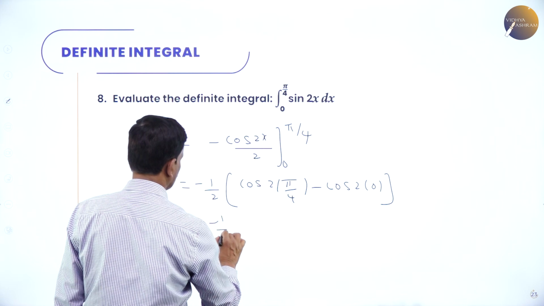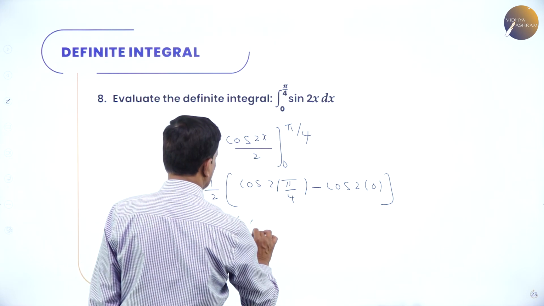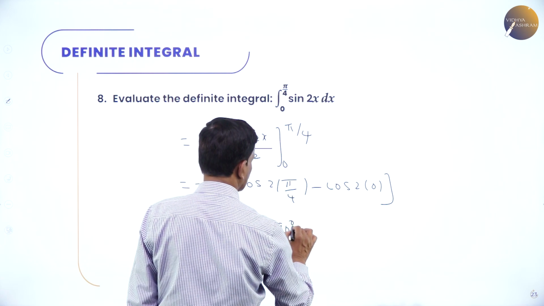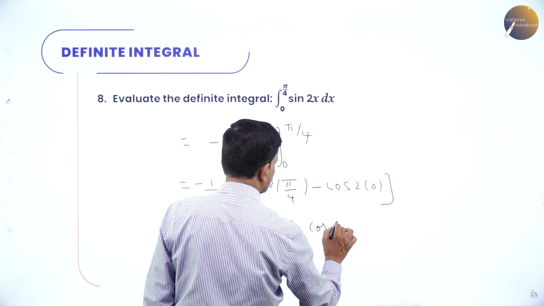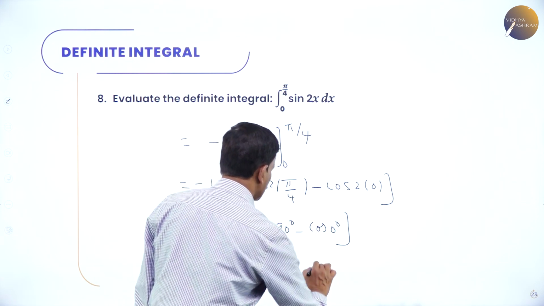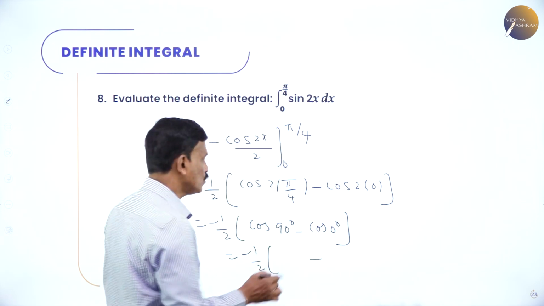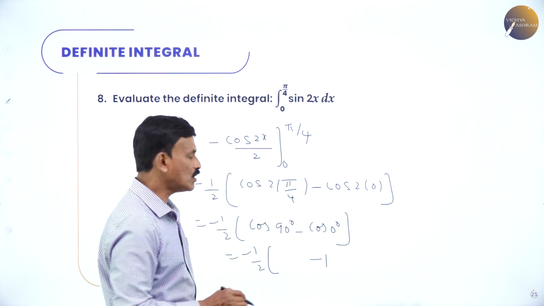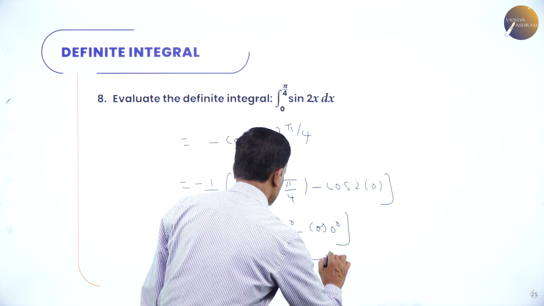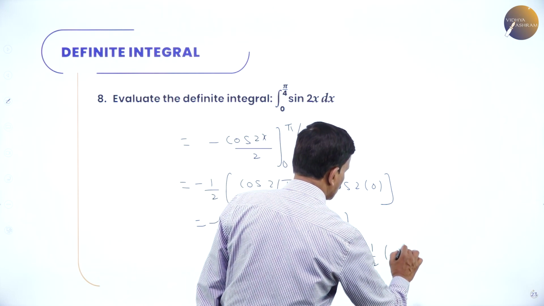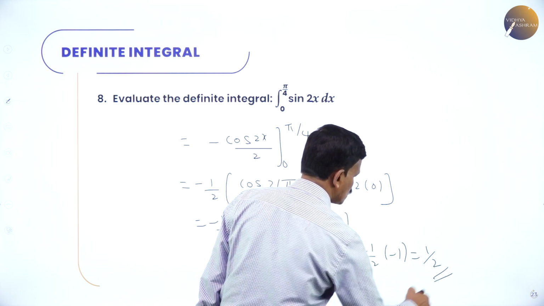This is minus 1 over 2 into cos of 2 into pi by 4, which is nothing but cos 90 degrees, minus cos of 0 degrees. This is minus 1 by 2 into, what is this? Cos 90 is 0, cos 0 is 1. So this is minus 1 by 2 into 0 minus 1 is minus 1, minus into minus is plus 1 by 2.